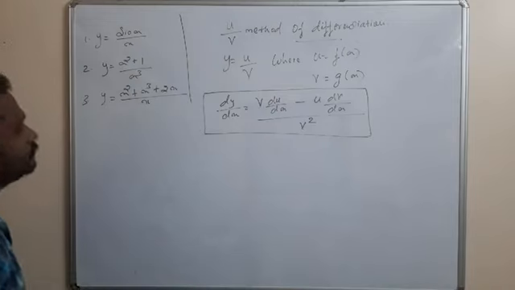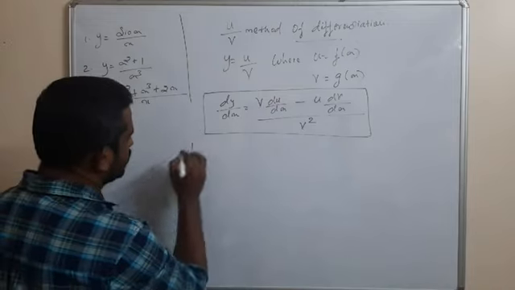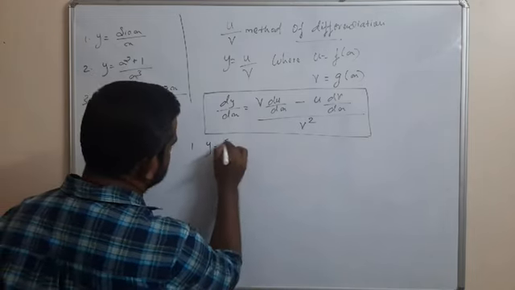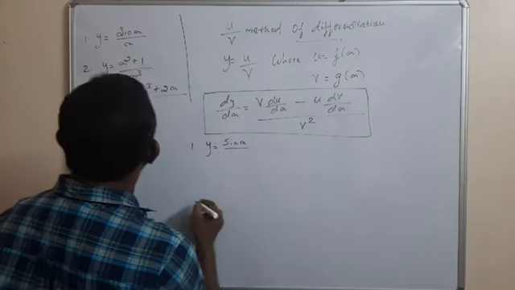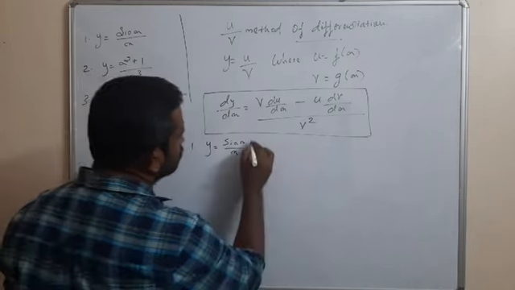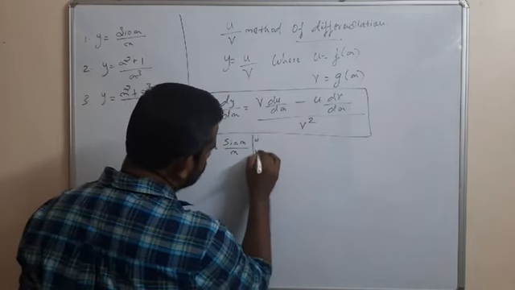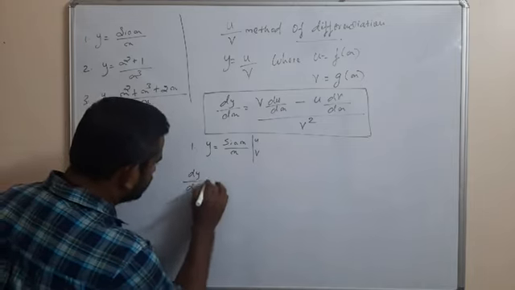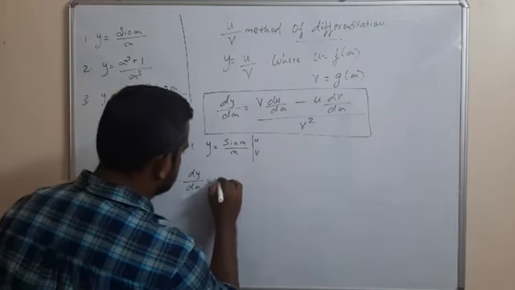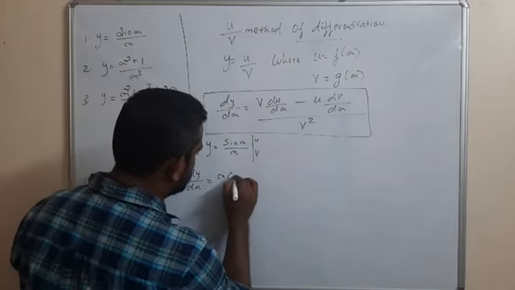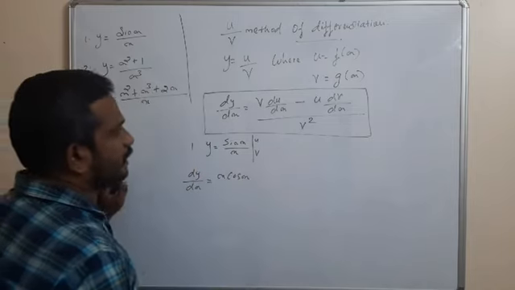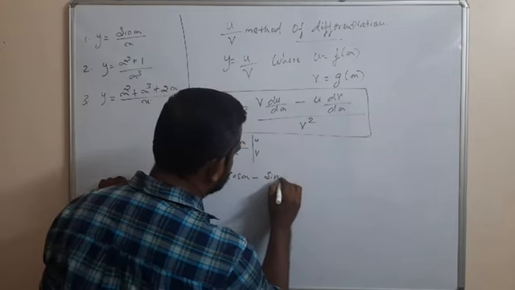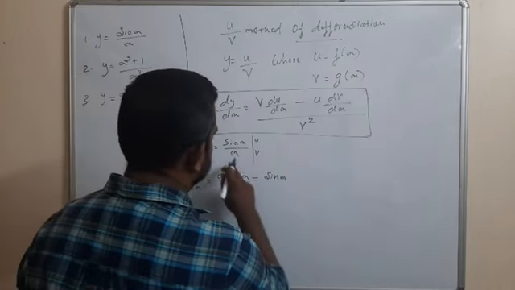First sum, y is equal to sin x divided by x. So this is u, this is v. dy by dx equal to v into du by dx, that is x into cos x, minus u into dv by dx, that is sin x into, what is the differentiation of x?